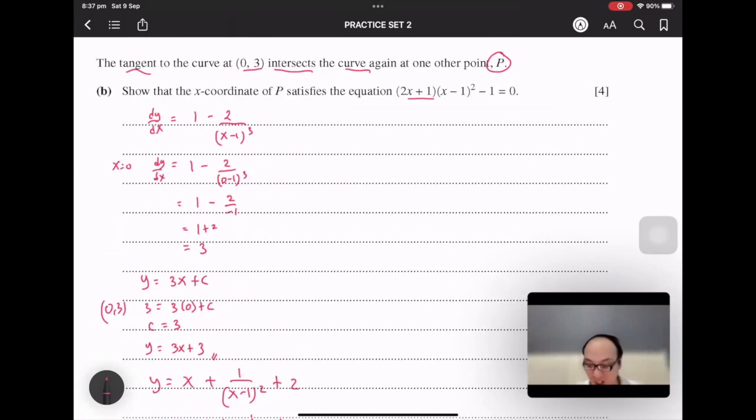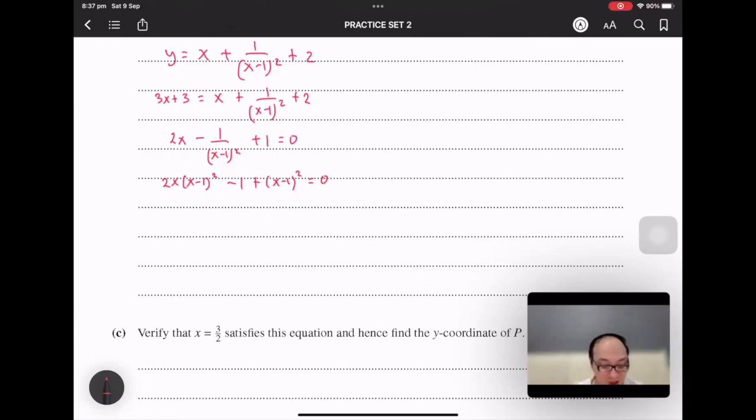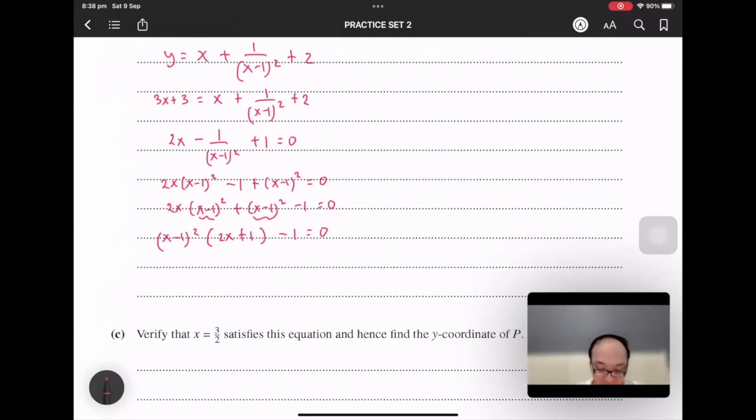And then we can simplify. I rearrange: (x - 1)^2 (2x + 1) - 1 = 0. And I can factorize this: (x - 1)^2 (2x + 1) - 1 = 0. And this is the same, yes? Shown.